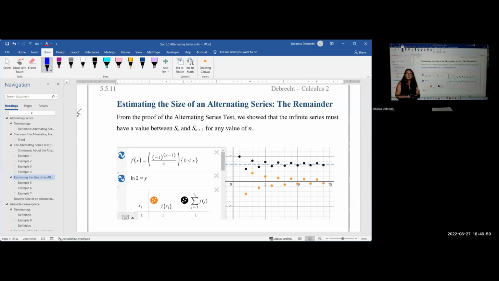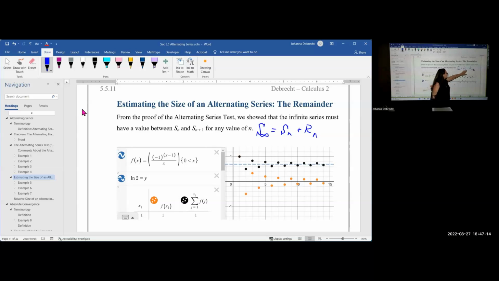We want to know the terms that we didn't include, how large might that be? What's our error? Remember earlier that we had S sub n plus R sub n equals S infinity, right? So this is R sub n.